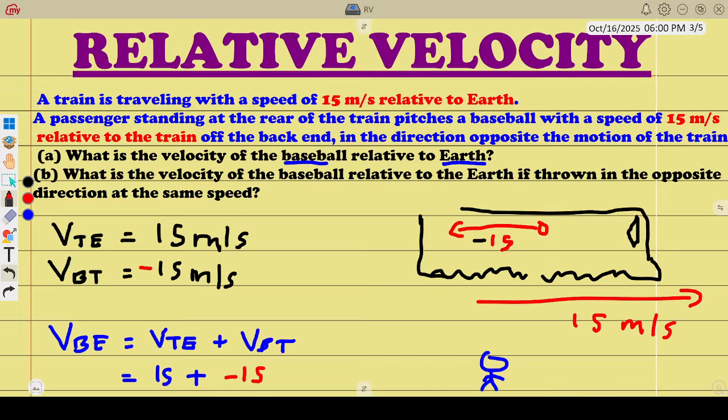And then I even gave a hint that if it was going in this way, we could have added, but it is going in the opposite direction, meaning minus. So when you add 15 plus negative 15, that's 0 meters per second.